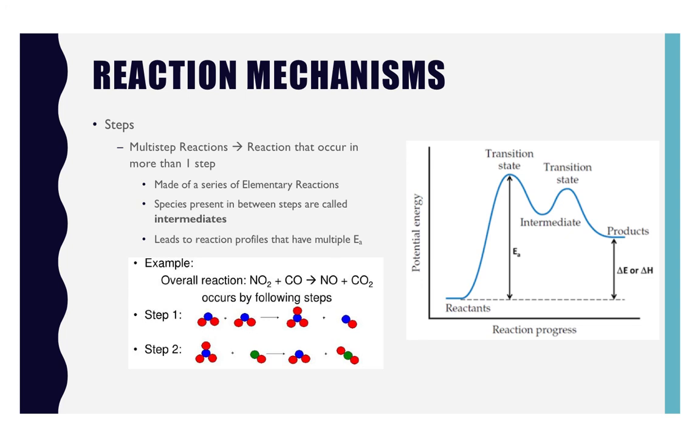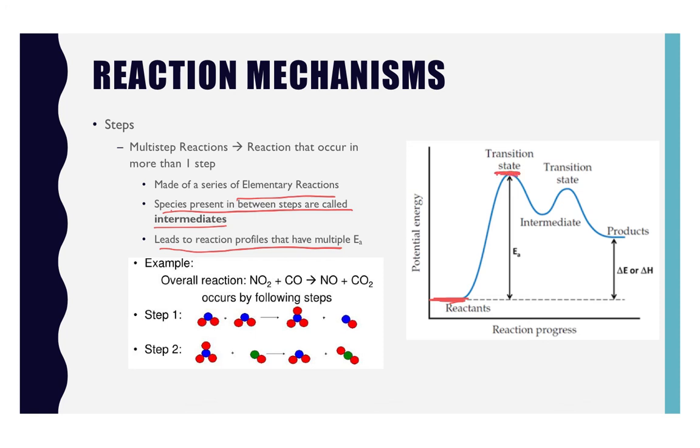Okay. So when we have a multi-step reaction, again, they're made of a series of elementary reactions, and the species present in between the steps are called intermediates. So this leads to reaction profiles that have multiple activation energies. So here we go. We would have a reactant state, and then we have a transition state.